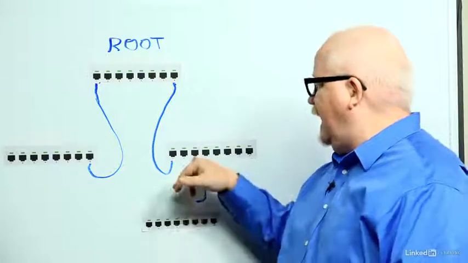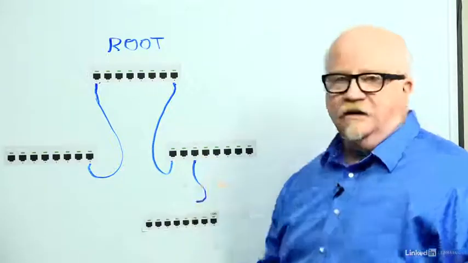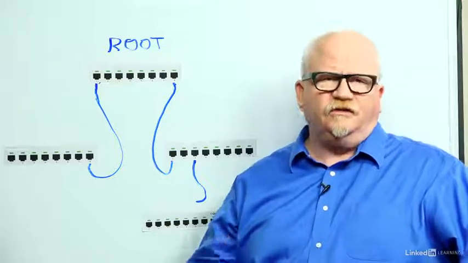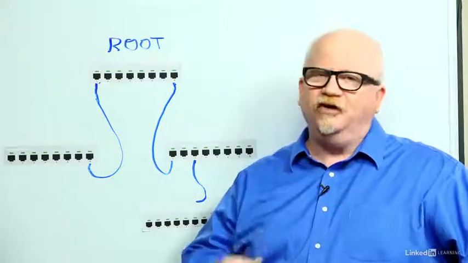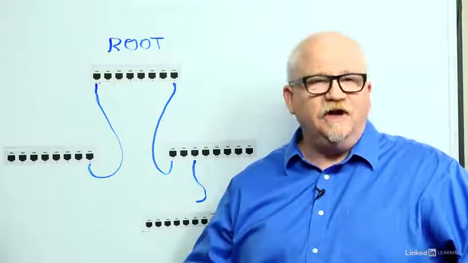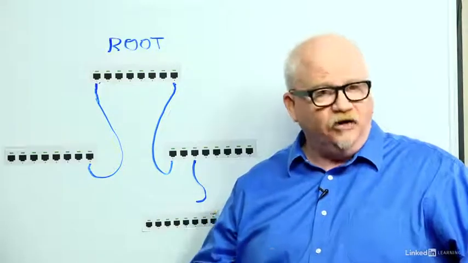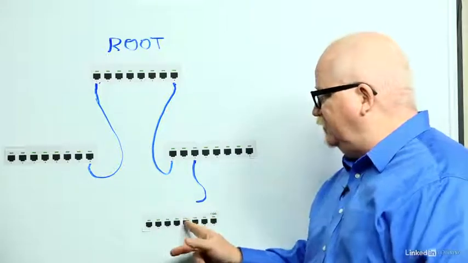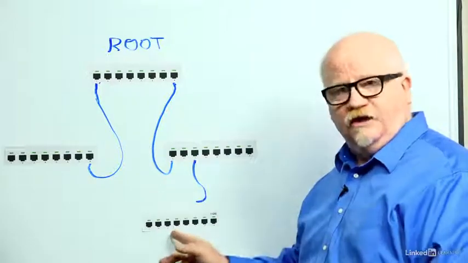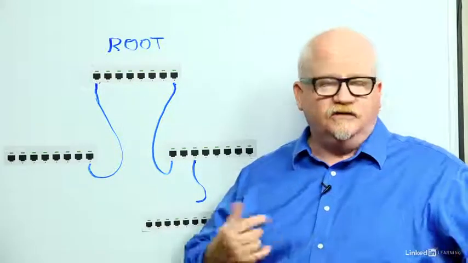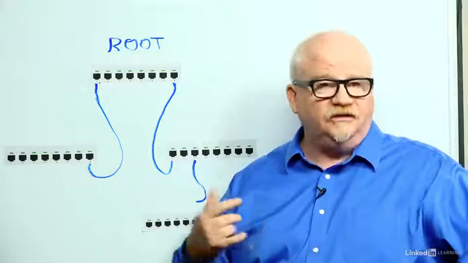And the moment that happens, this port right here completely disables itself. I mean, it disables itself so much that the only way to turn this port back on is for an administrator to manually go into the switch configuration and turn it back on. They do this on purpose because there should never be a switch plugged into this port. Only another computer should be plugged in. And it's because of BPDU guard, Cisco invented this methodology, which is actually quite popular.